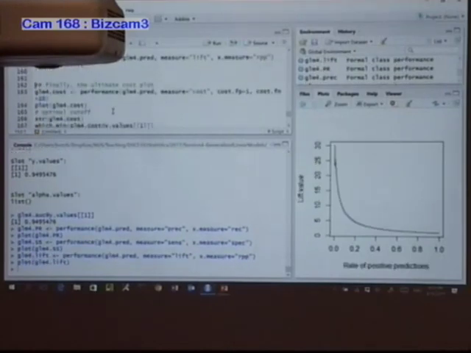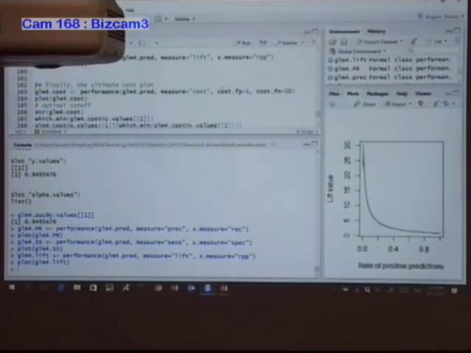The final thing I want to highlight is the cost plot. So we didn't put that in the slides, but you can actually plot the cost. So when you plot the cost, the measure is cost, but you need to specify what's your cost of false positive, what's the cost of false negative. The absolute magnitude is not important, but the ratio is important. Right?